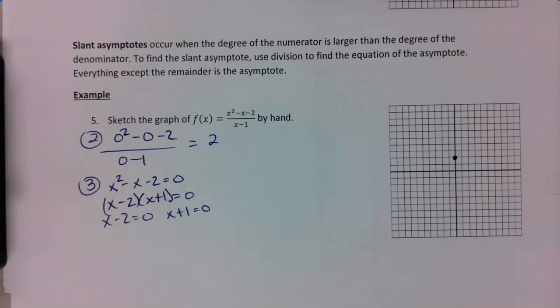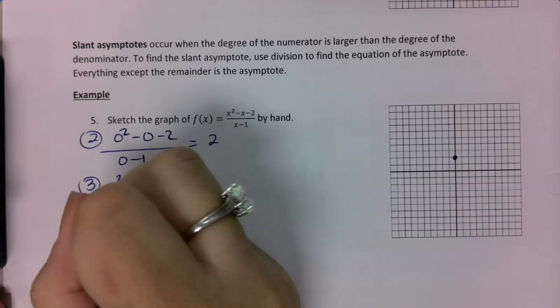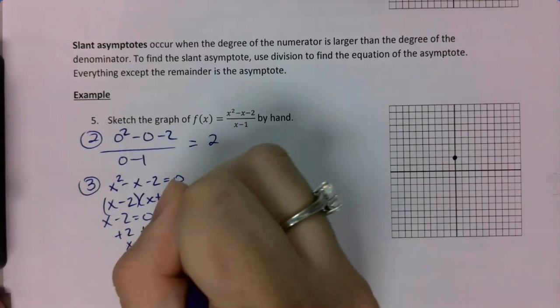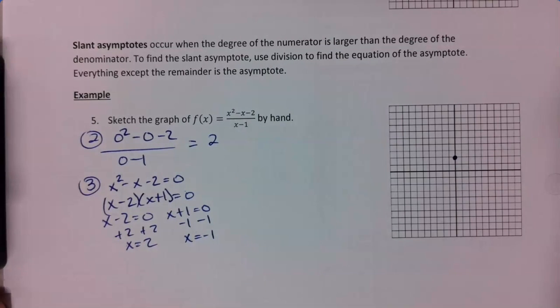Okay. So I add 2 over to both sides, I get x equals 2. I subtract 1 on both sides, I get x equals negative 1. Those are my x-intercepts.